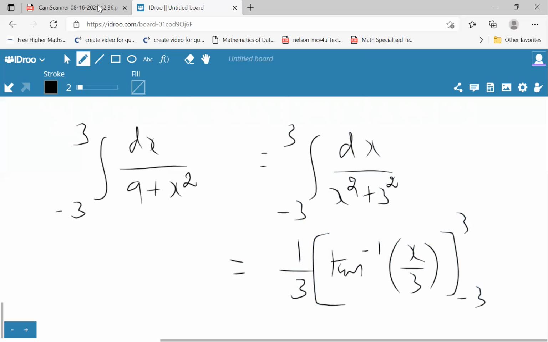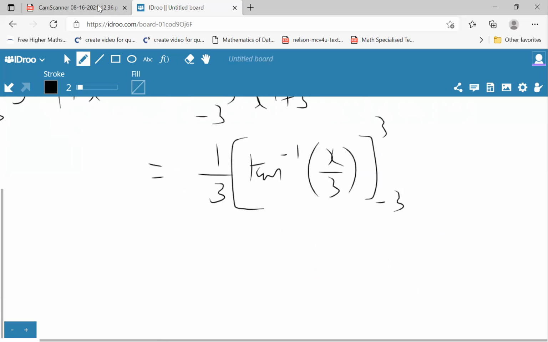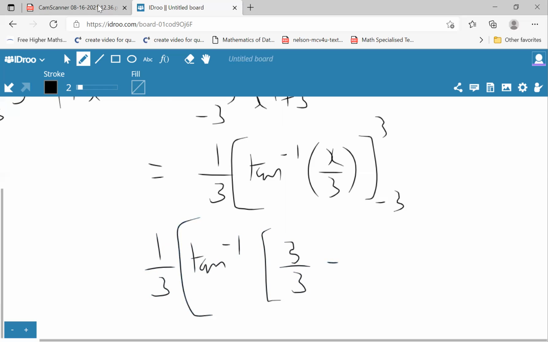minus 3 to 3. So on applying the limits, you get 1 by 3 tan inverse of 3 by 3 minus of minus 3 by 3.